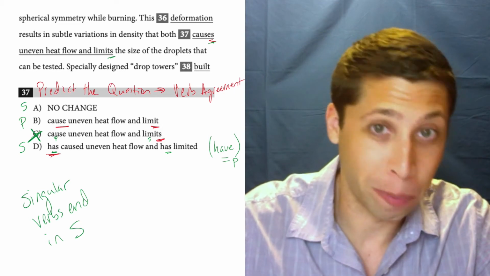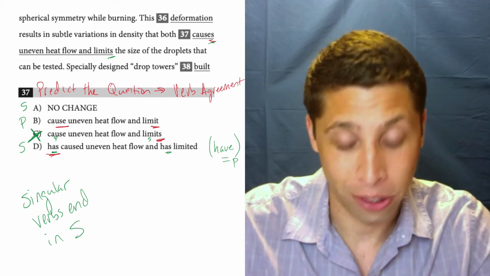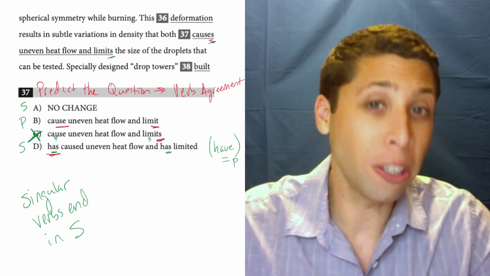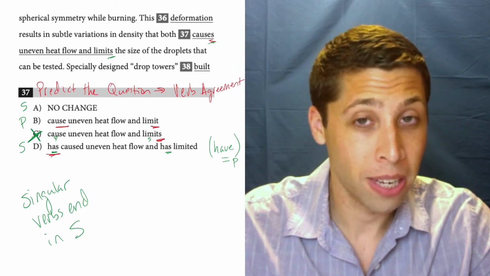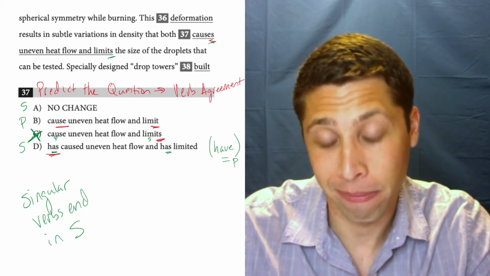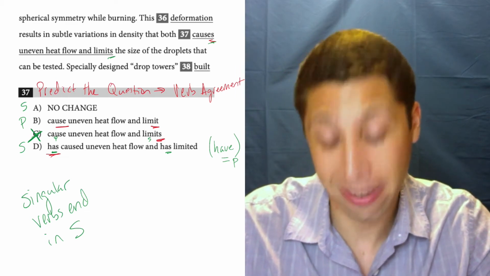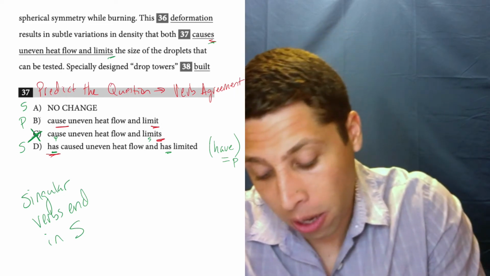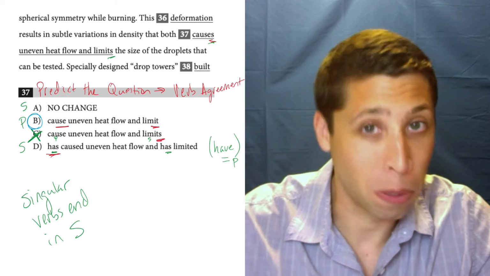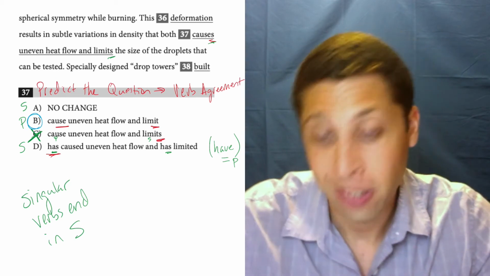Now we could cheat a little bit, though, because this is a hard question. If I'm looking at this, and I've got two singular choices and one plural choice, and I had no idea how to find the right one, my bet would be on B, because it's the odd man out, right? One plural, two singular choices.